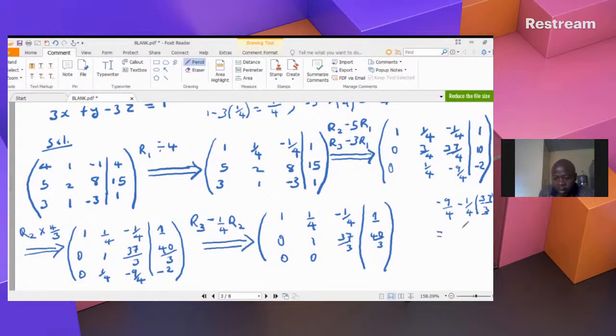Notice that the LCM there is 12. This is 4 here, and this is 12. So the LCM there is 12.